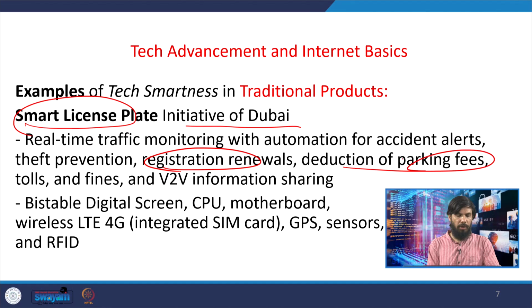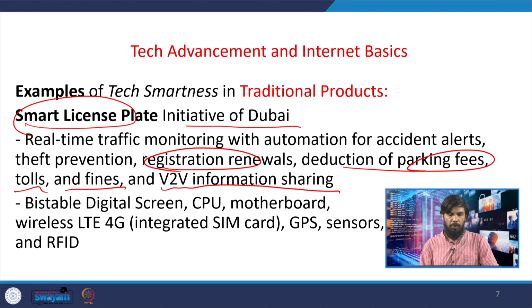And then the reduction of parking fees, tolls, fines, that can happen, right. So nobody has to go to the actual physical office to pay a fine or register or pay toll. So there would be overall traffic efficiency that would be seen, not just the monitoring part.